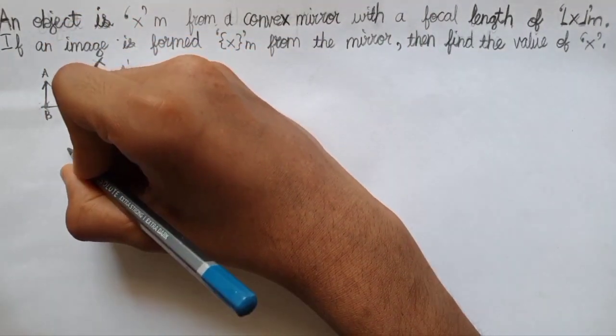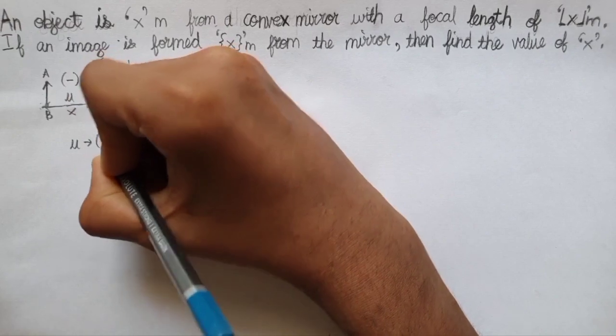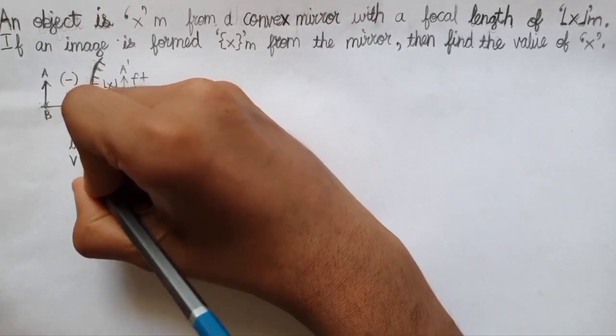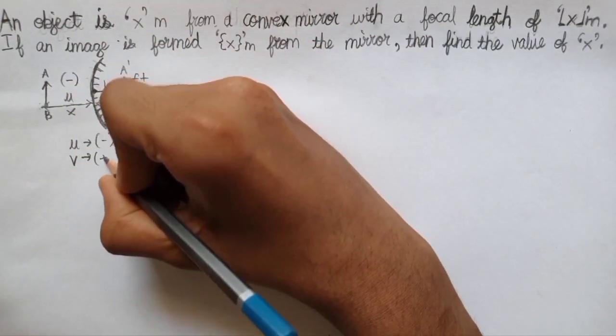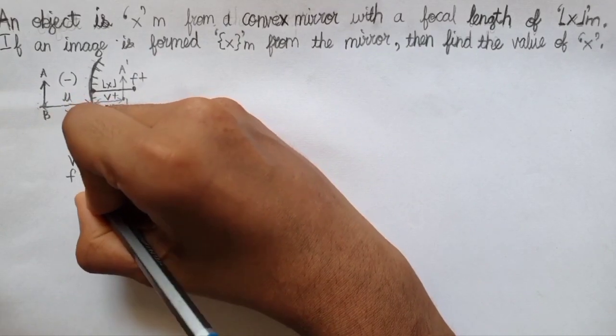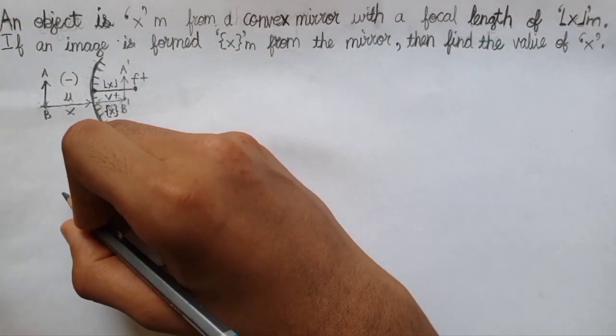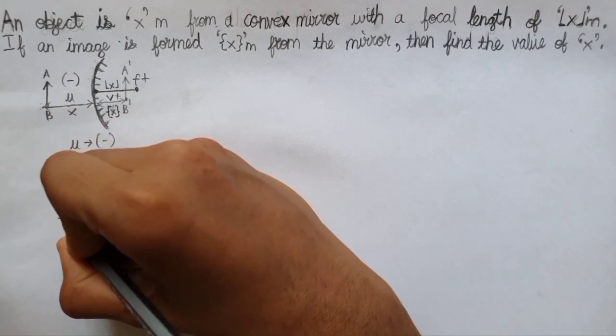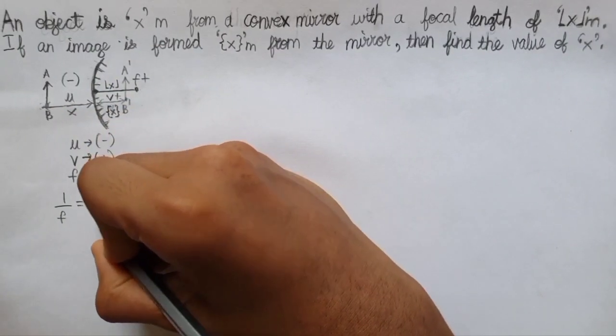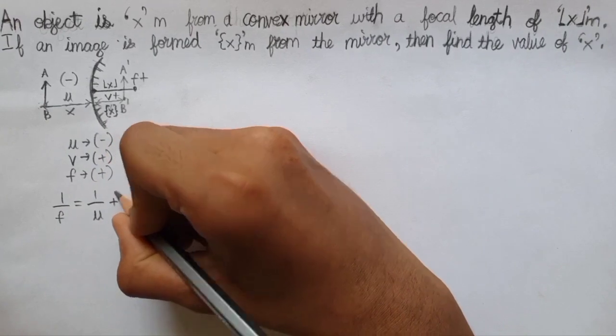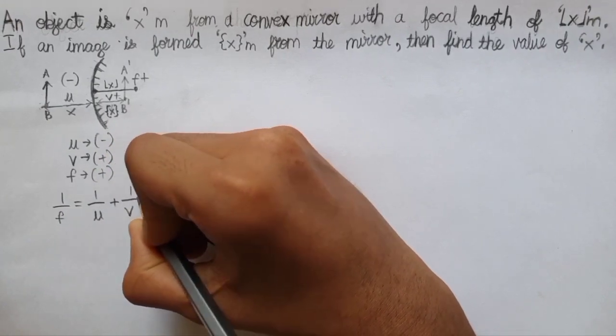So what we know is u is negative, v is positive, and f is positive. And to relate them, we have a formula. 1 by f equals 1 by u plus 1 by v.